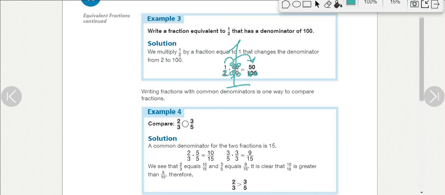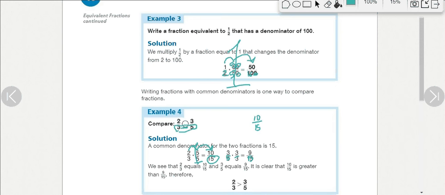We can compare by making the bottom number or denominator equal. So instead of 2/3 compared to 3/5, we want to get an LCM or just multiply these together and instead show it as 15ths. To get to 15ths, we have to multiply by 5's on top and bottom, which is worth 1. So I have 10/15ths compared to, we want to get 5 to be 15.